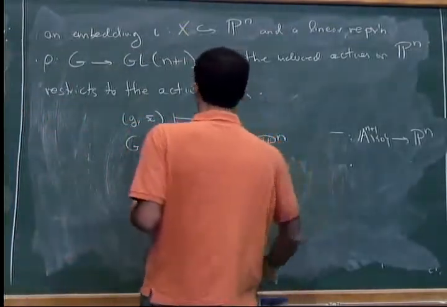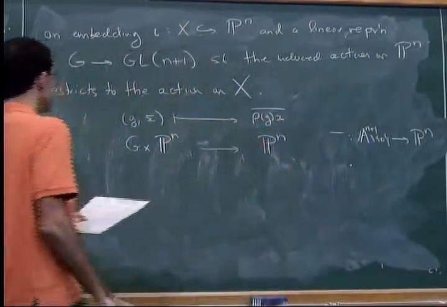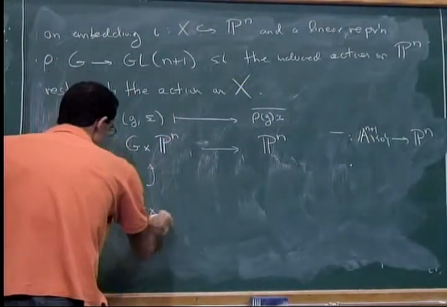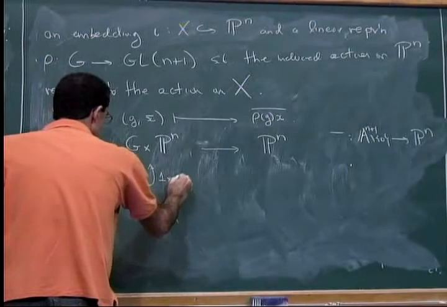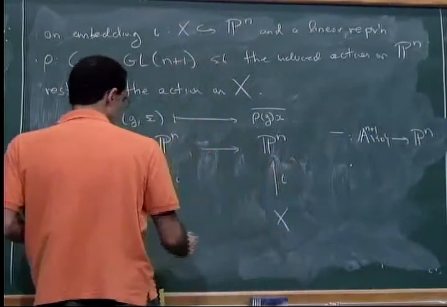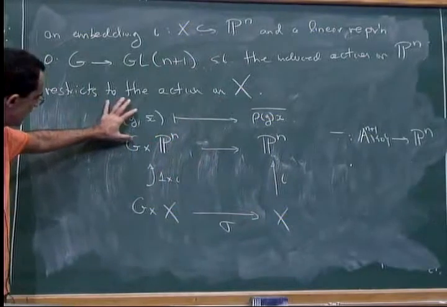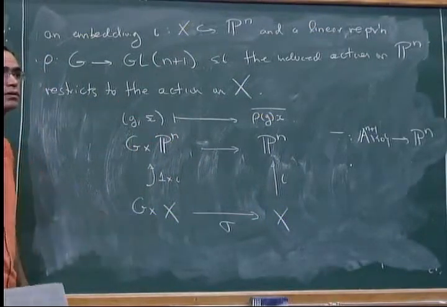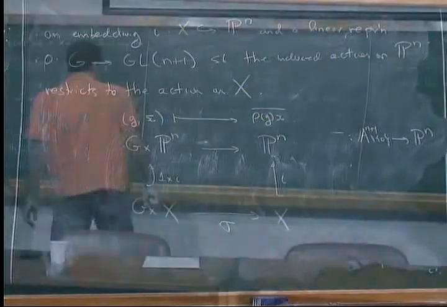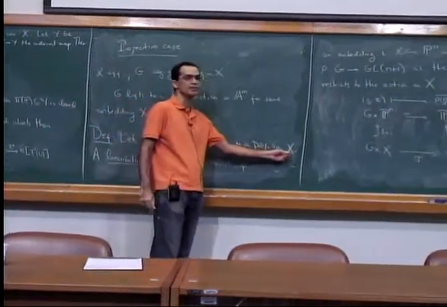Maybe it's better to use rho here. I act on X, and I put the bar. Right, so that's the action, and that's 1 times iota, that's iota, and what I require is that this action here lifts this action. See? Okay. In general, a linearization is actually an action on a line bundle over X.